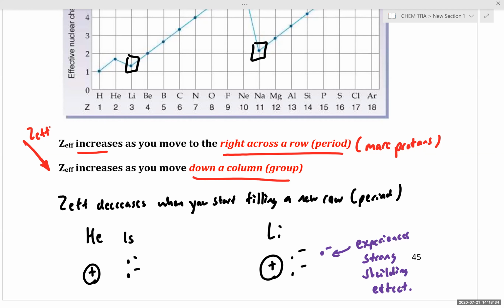It's a nice little mnemonic, saves you time, saves you energy. Or you can count the atomic number and say, well, more protons, greater effective nuclear charge. Either method is fine. All of the periodic trends that we are going to discuss are underpinned by this concept of effective nuclear charge.